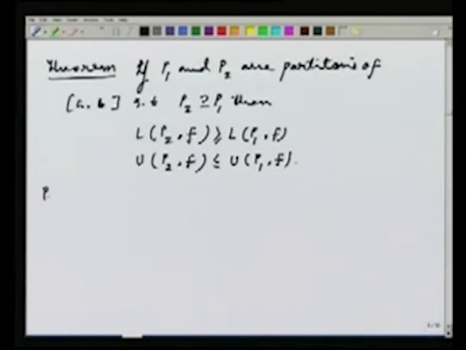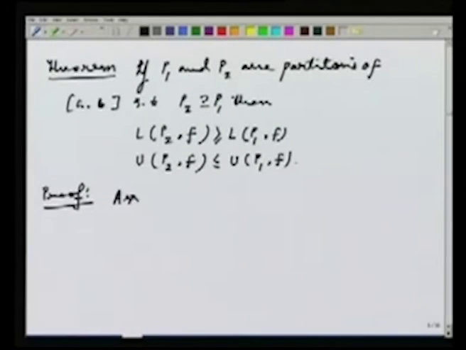So now I want to prove this. In the proof, I will just assume that P2 has only one more point than P1, because then one can inductively proceed with the same argument. With one point more, if you can prove the result, certainly I can prove the result with two points more, and so on.